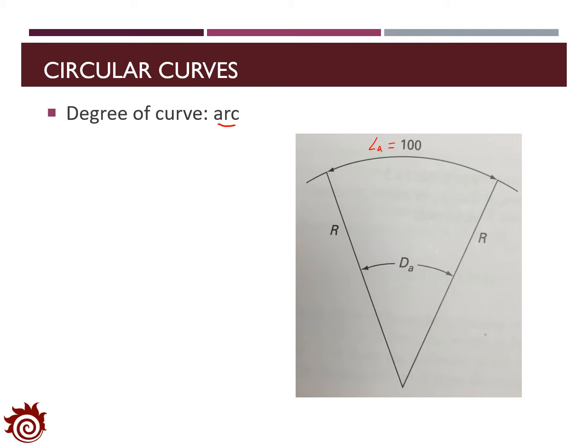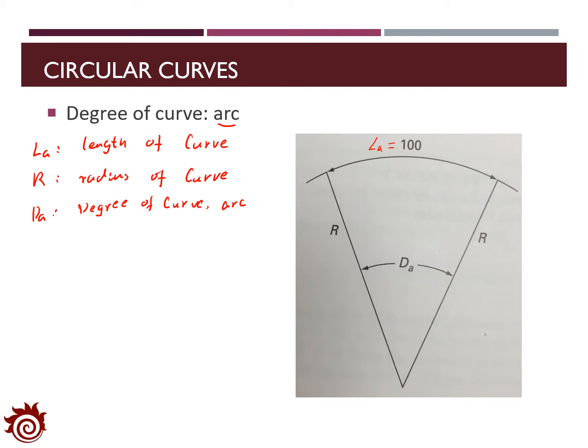In this figure, we have LA as the length of the curve, and R is set as the radius of the curve. And then dA is defined as the degree of curve based on the arc definition.